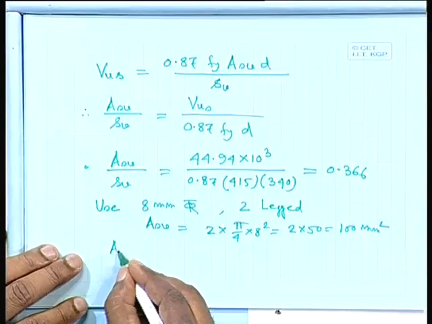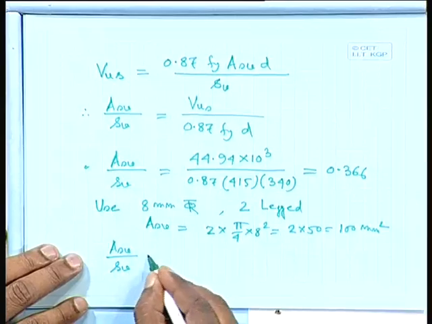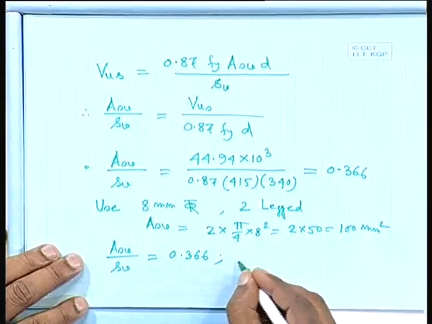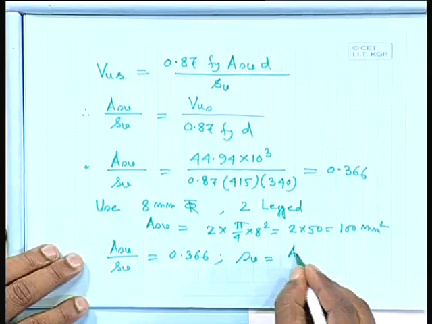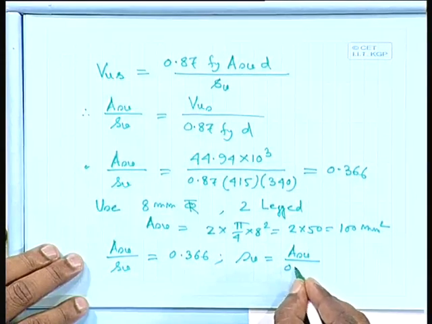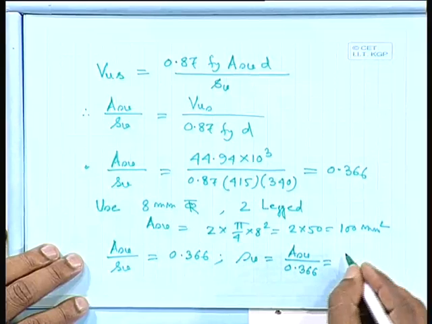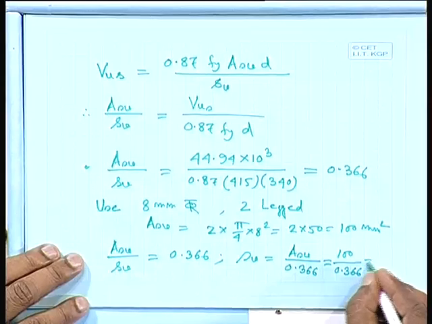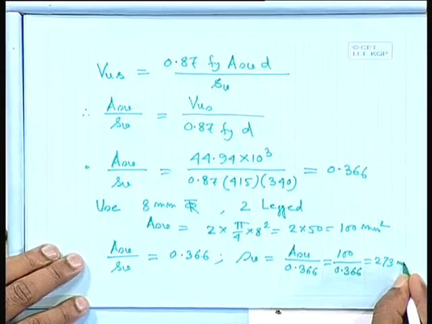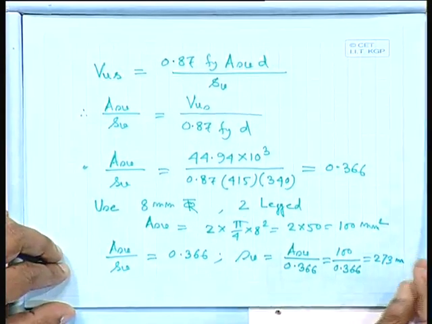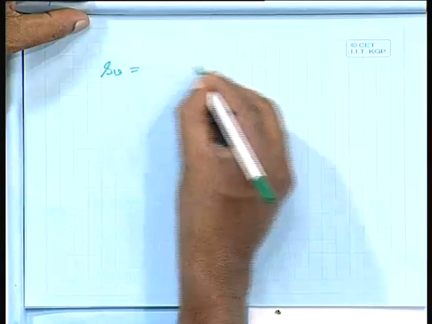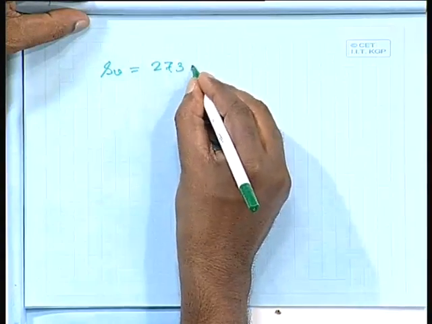We can write ASV by SV equals 0.366. So, SV equals ASV by 0.366, equal to 100 by 0.366, equal to 273 millimeter. So, let us write the spacing SV as 273 millimeter.